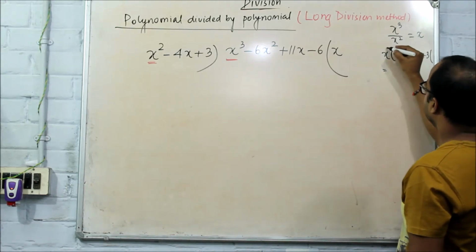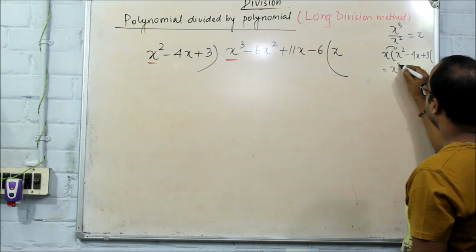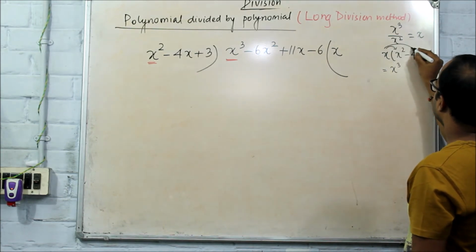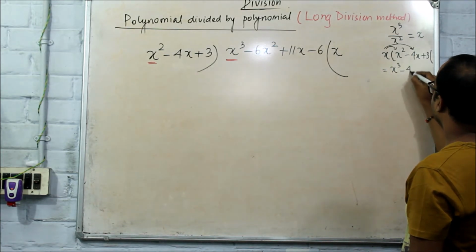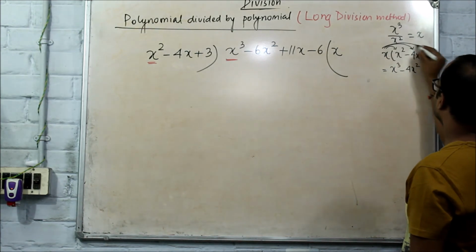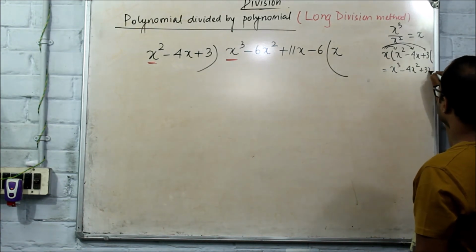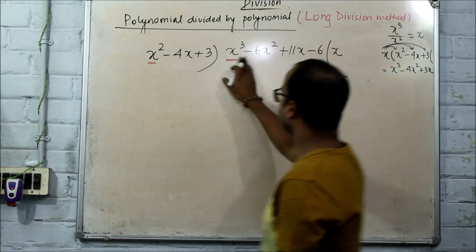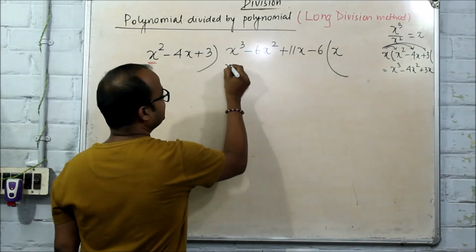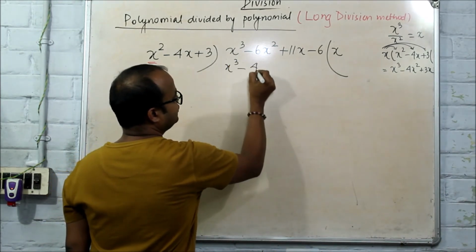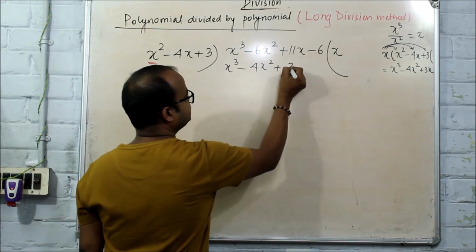So if you multiply x into x square, x cube minus 4x square plus 3x. So here we write x cube minus 4x square plus 3x.